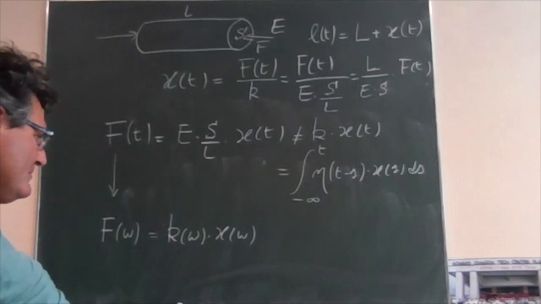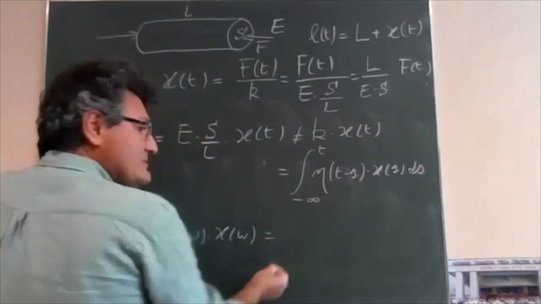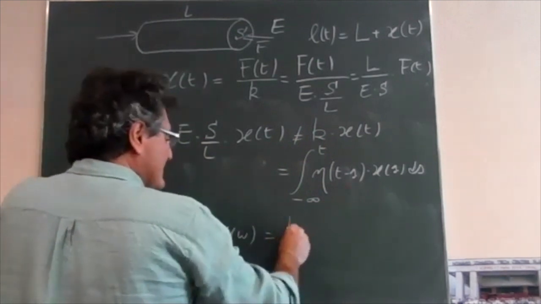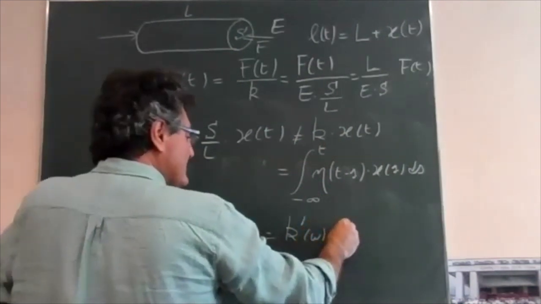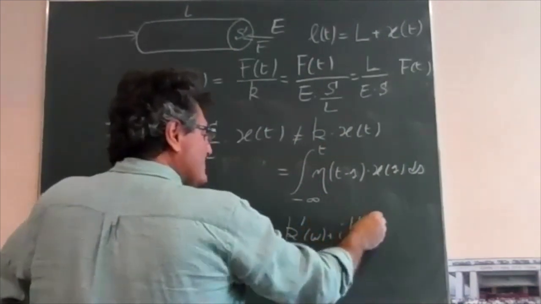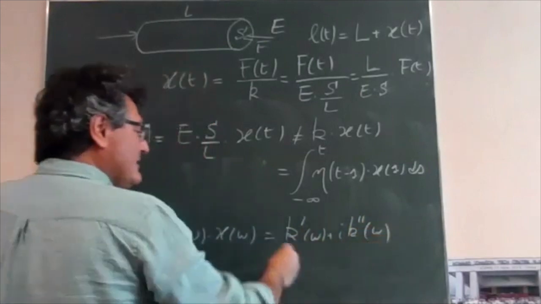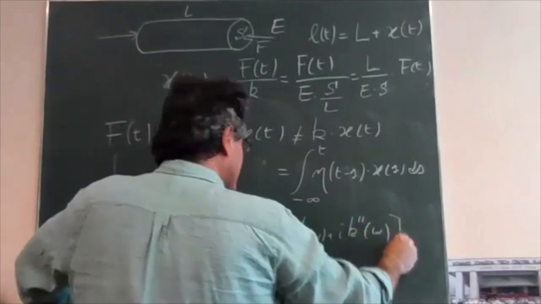Okay. And well, there are two expressions. The first expression is k prime of omega plus i k second of omega. Okay, real and imaginary part.